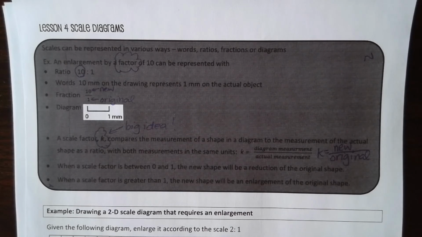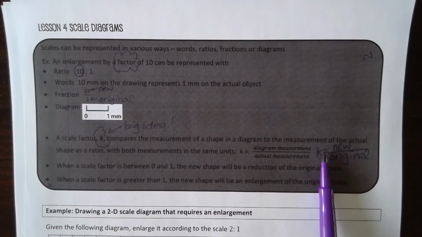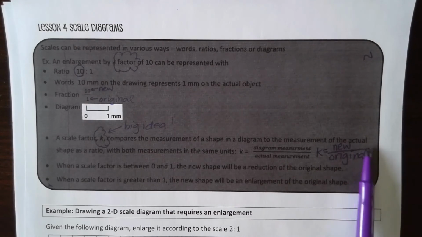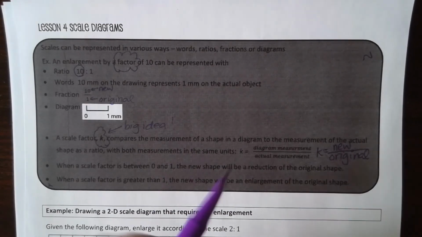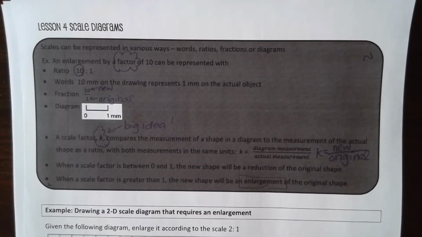Hopefully this makes sense now: if the new thing is bigger than the original thing, the new dimensions are bigger than the original ones, then we'll get a number bigger than 1 here, right? So that's an enlargement. So when K is bigger than 1, we'll get an enlargement.